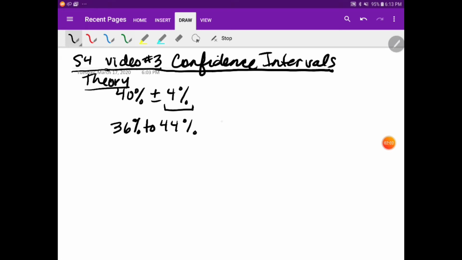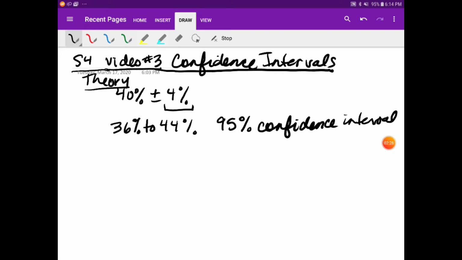So what a 95% confidence interval means is I'm 95% confident. This is called a 95% confidence interval. I'm basically 95% confident that the real voting percentage would be between 36 and 44%.